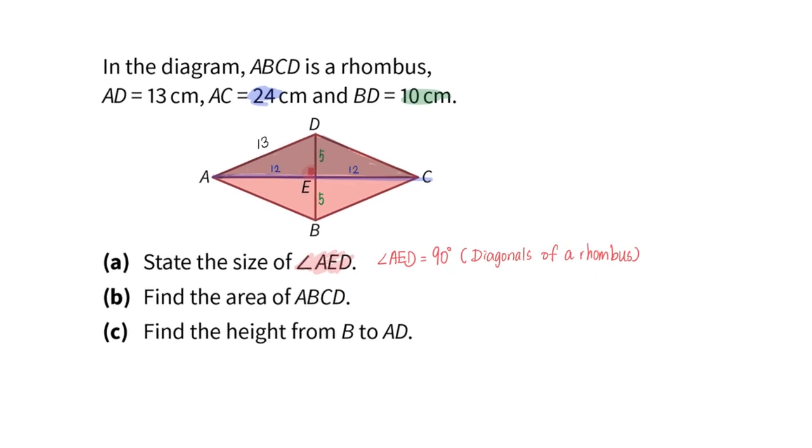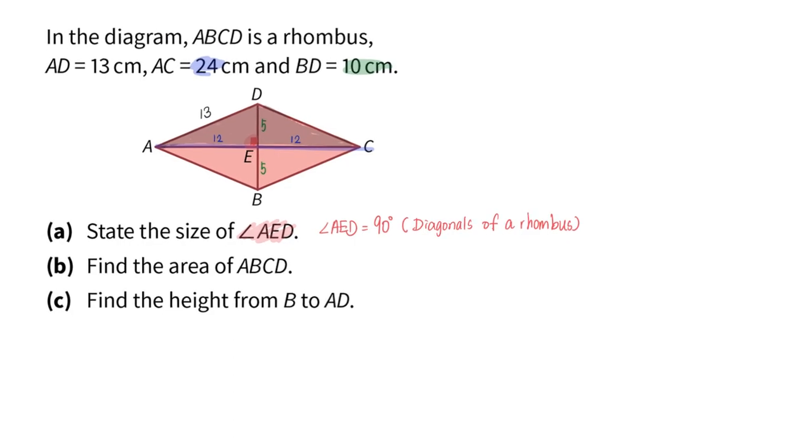So what this means for part B is that to find the area of ABCD, the whole area, we could simply have half times base 24, 12 plus 12 is 24, or the whole AC, multiplied by the height 5.